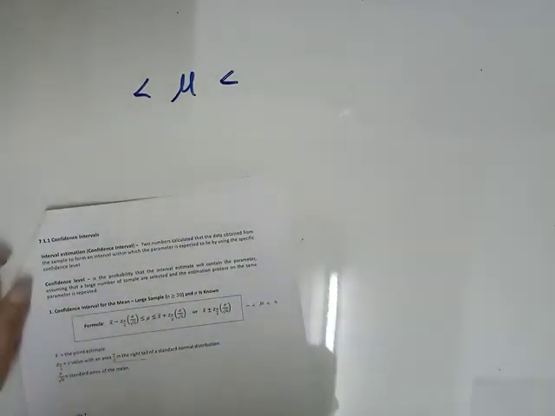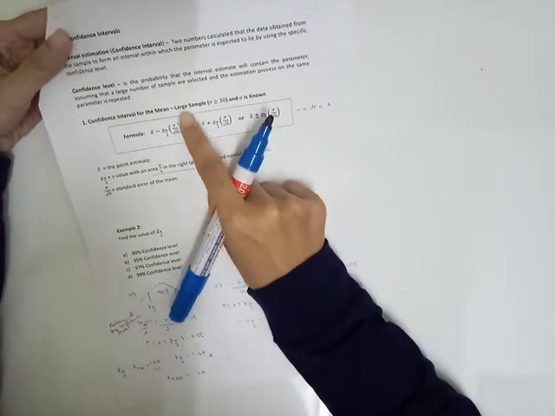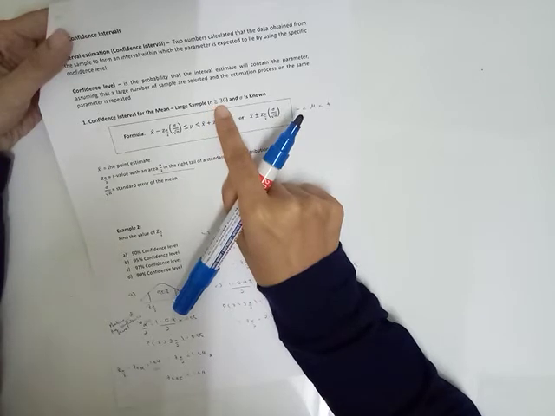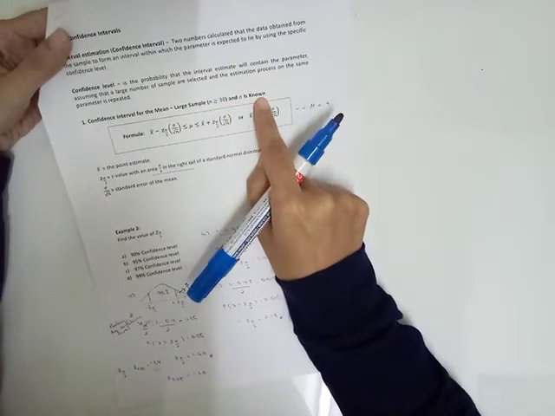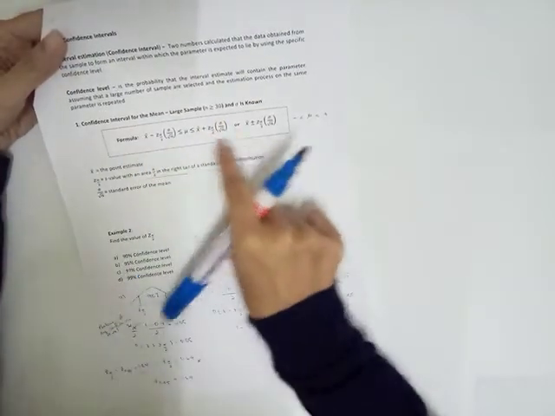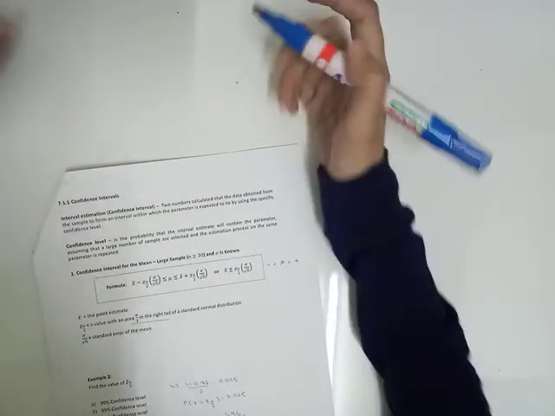So look at number 1, the confidence interval for the mean where the sample is large, n is more than or equal to 30, and the standard deviation of the population is known. We find the population mean by using this formula. I make it short.